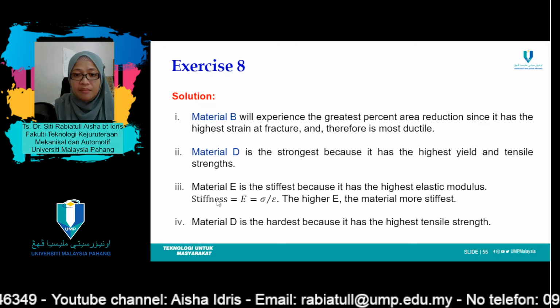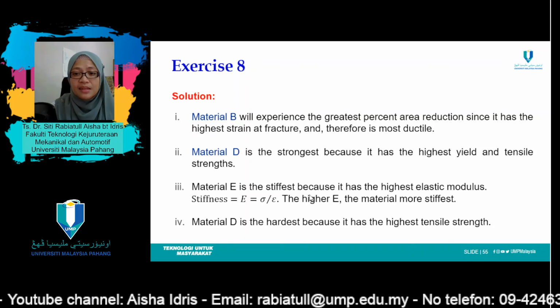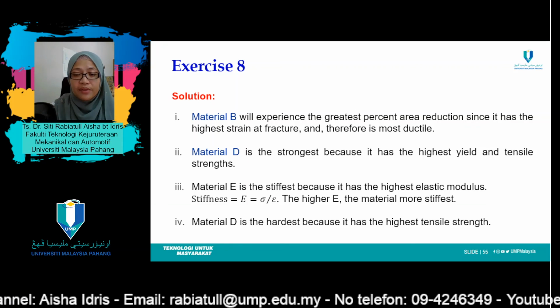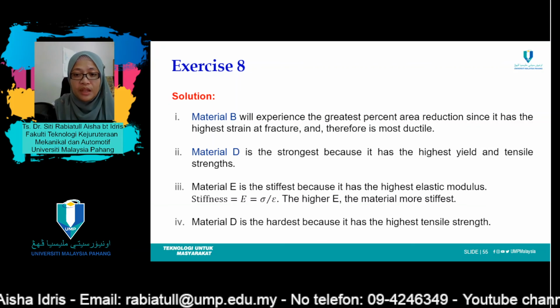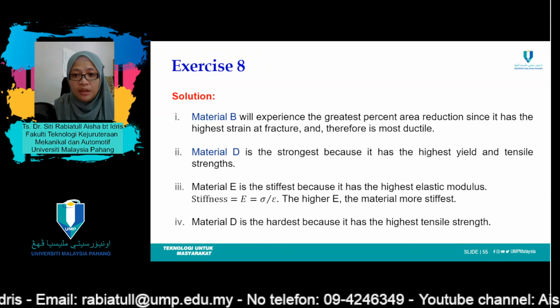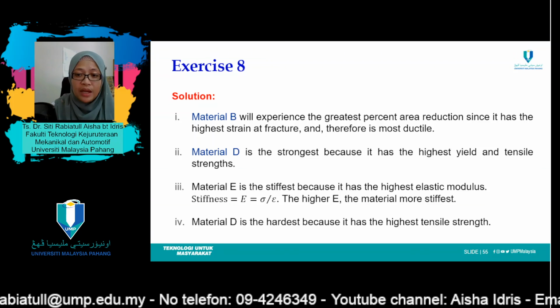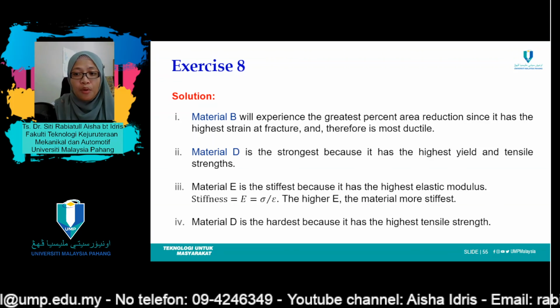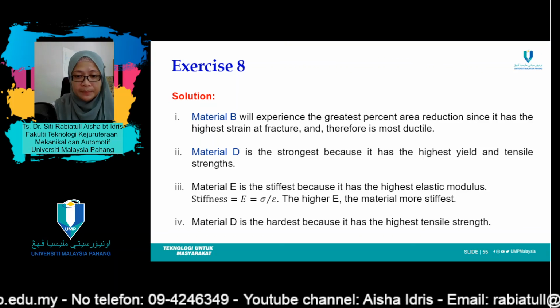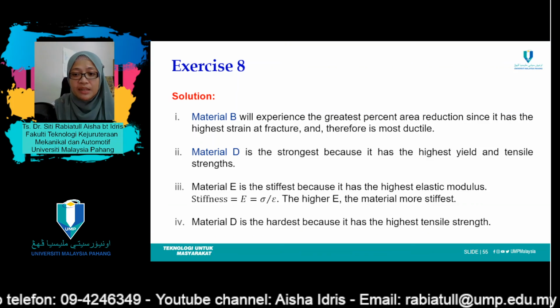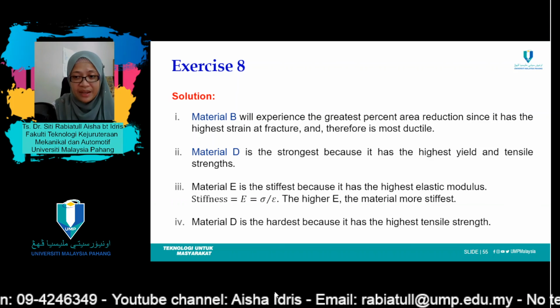Number 3, material E is the stiffest because it has the highest elastic modulus. Stiffness, E, equals sigma divided by epsilon. The higher the value of E, the stiffer the material becomes. Number 4, material D is the hardest because it has the highest tensile strength.